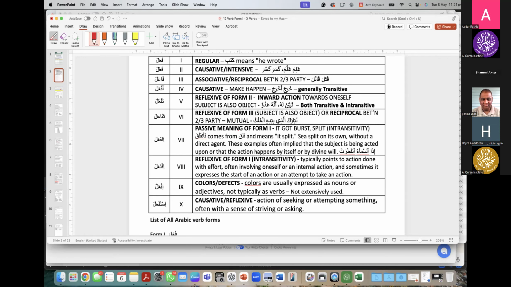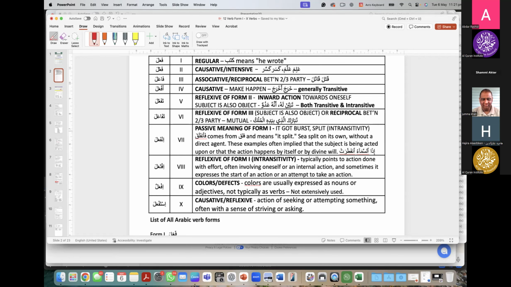Do you know intransitive? Can you remember? You completed module 2. Intransitive means it doesn't need a maf'ul, an object. Transitive means there will be an object, maf'ul. Yes. Okay, good. 9, we don't have to discuss.